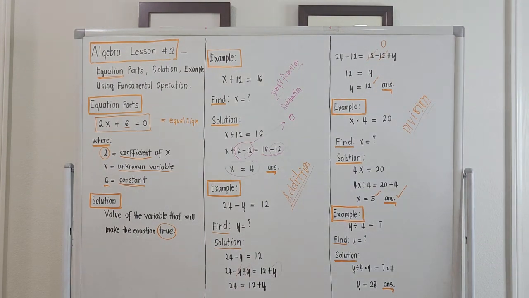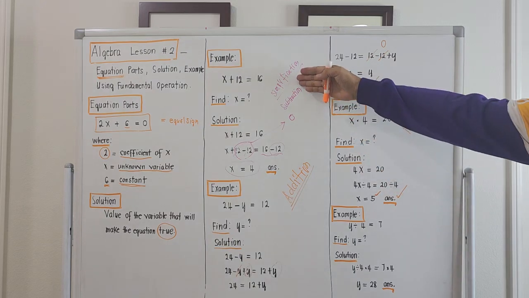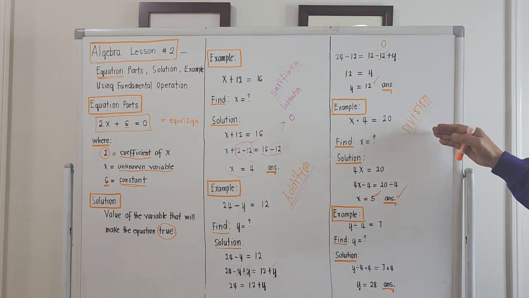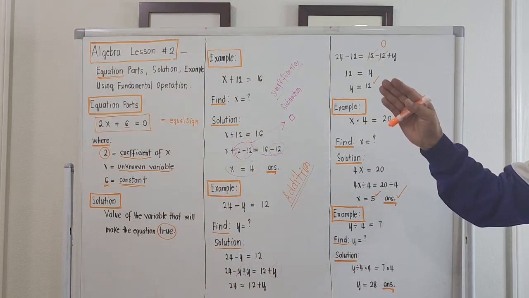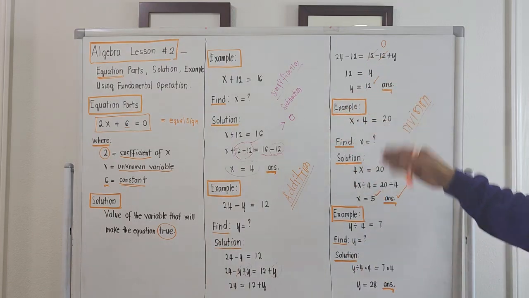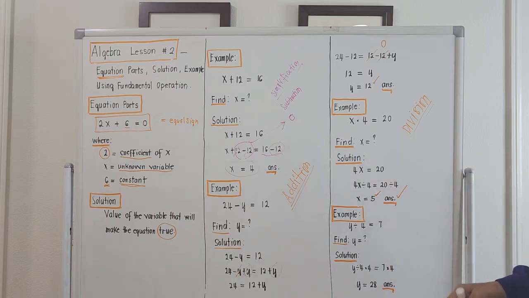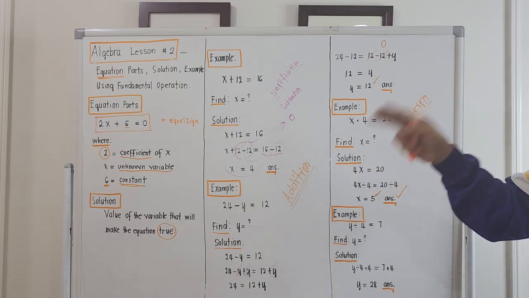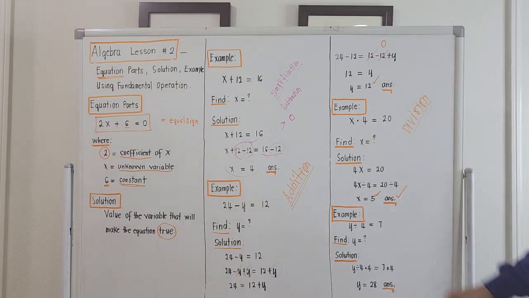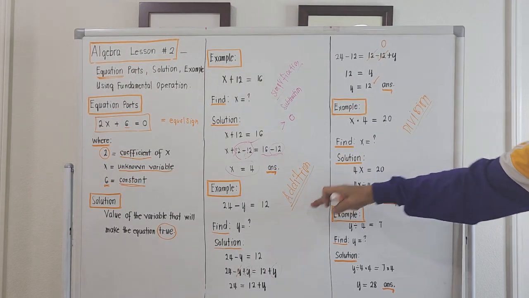The first one is subtraction, this is addition, this is division. It involves only one fundamental operation, because there are problems in which all the fundamental operations, from addition, subtraction, multiplication, division, are involved in the problem. But for this given example, I just presented an example which involves one fundamental operation.